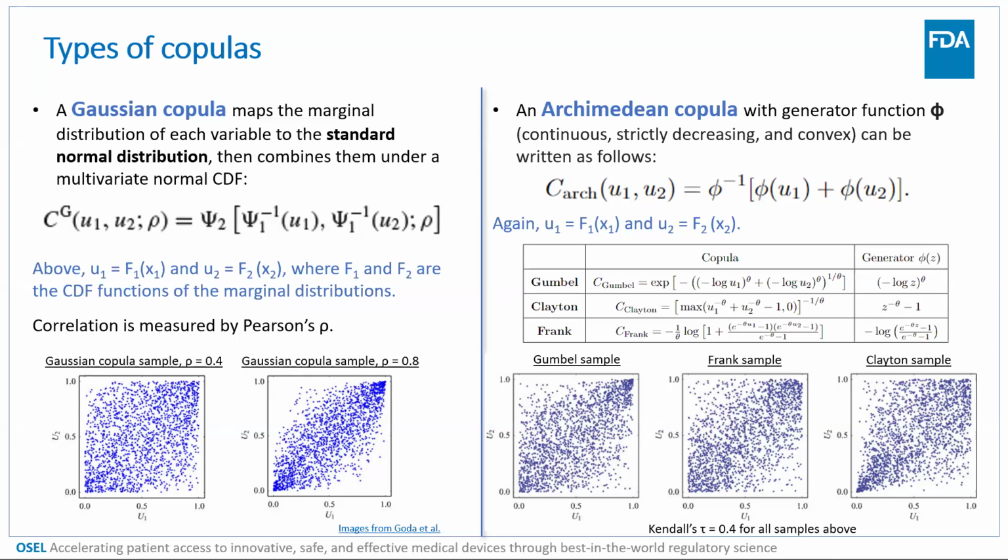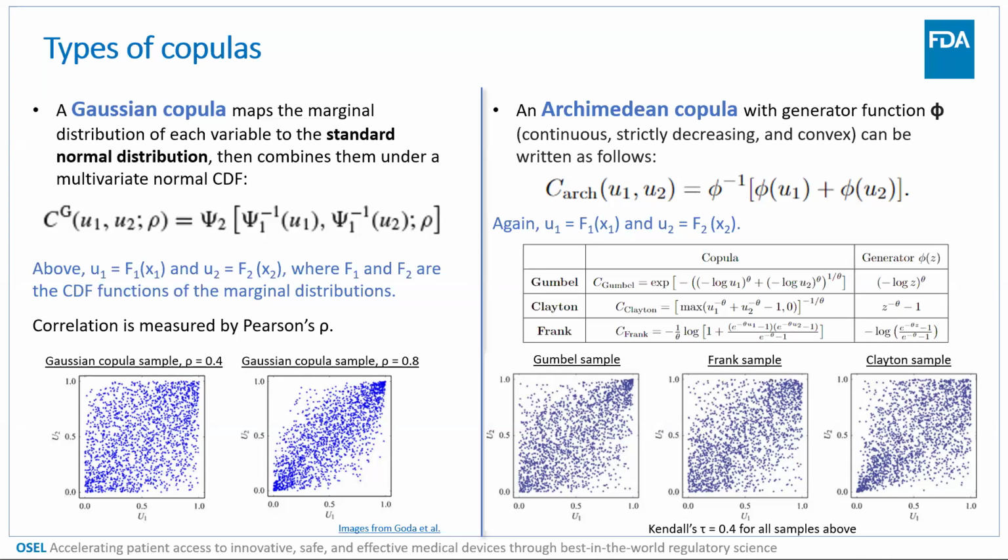Where you have perfect correlation. And then we're also using Archimedean copulas, which are basically expressed in this form where you have a generator function phi with certain properties. And the correlation measure that plays well with Archimedean copulas is Kendall's tau.